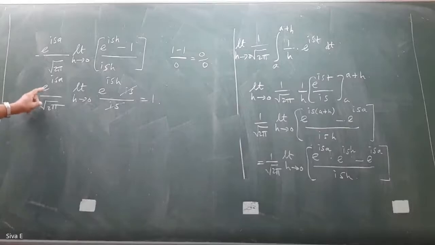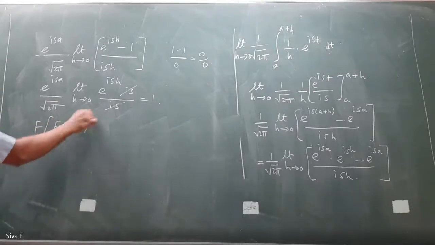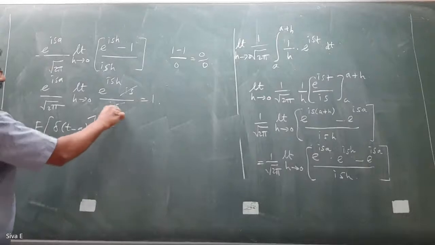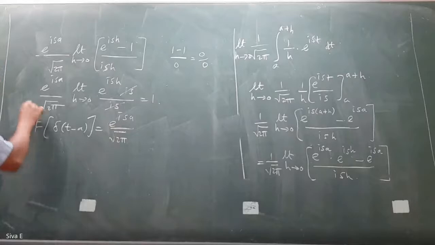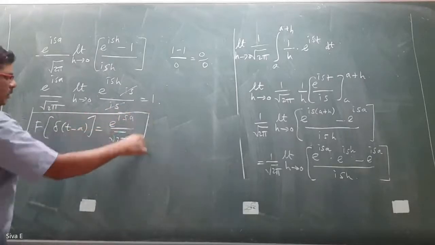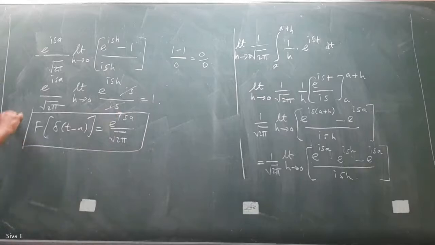What is remaining? E power isa by root 2 pi. Therefore, the Fourier transform of the Dirac delta function delta of t minus a equals e power isa by root 2 pi. It is one important formula and result, and then MCQ, compulsory it will be.